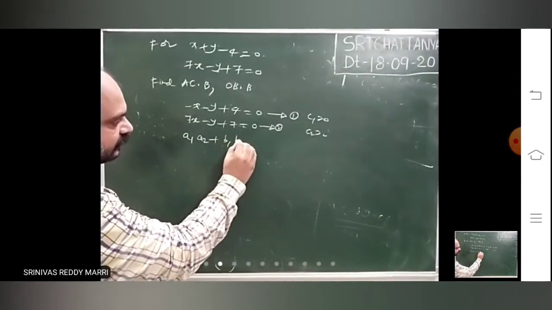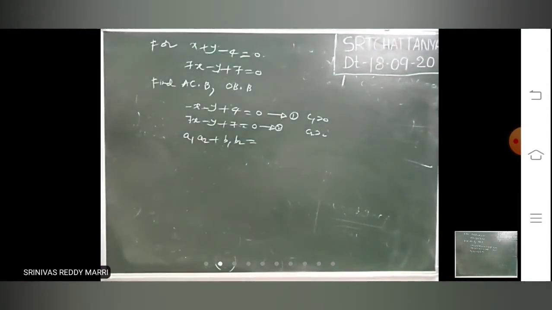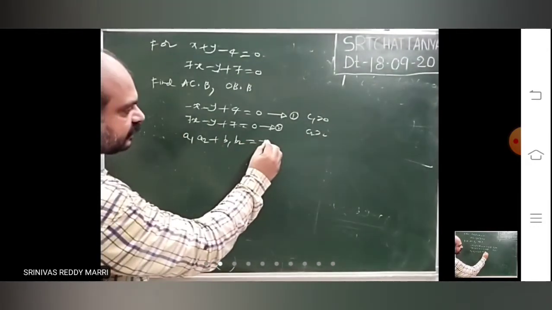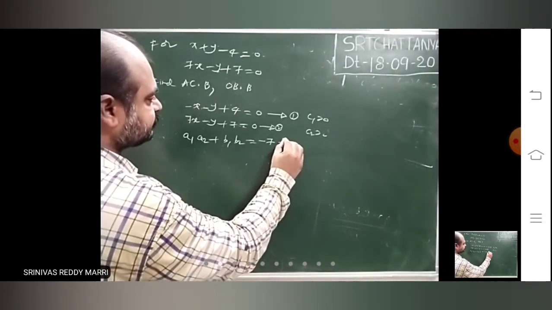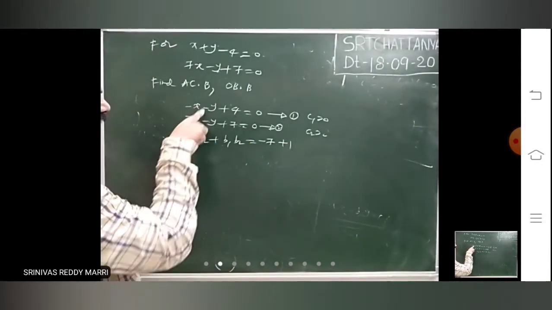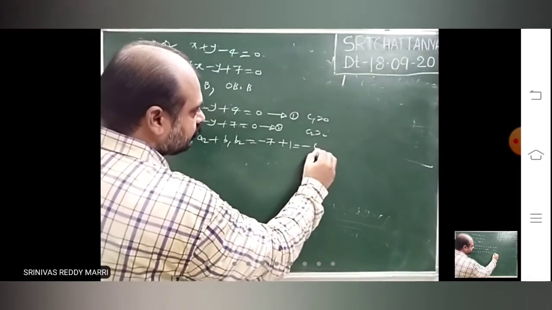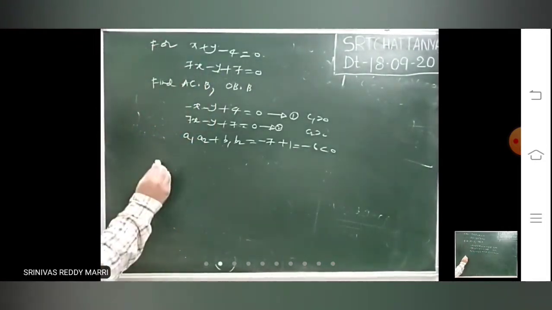A1 A2 plus B1 B2. So A1 A2 means what? Minus 7, plus B1 B2, 1. Minus 6, less than 0.